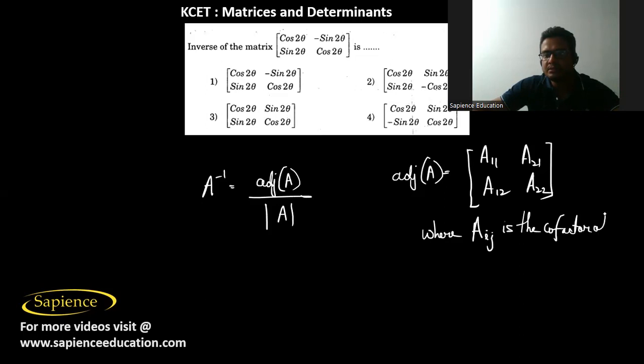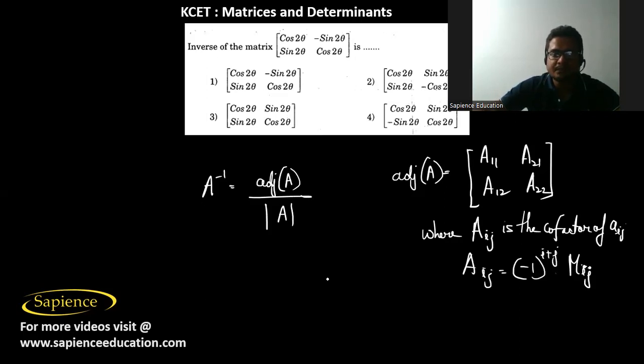Aij is defined as (-1) to the power i plus j into Mij, where Mij is called the minor of the element aij.